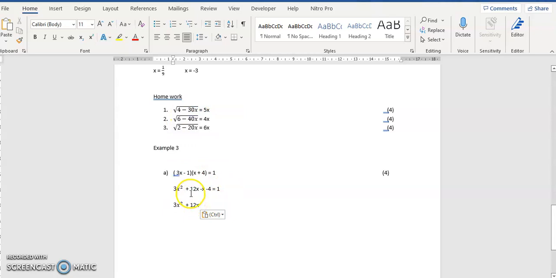So 12 minus 1 is going to give us 13x. Then I have my minus 4, then if I transpose this 1 to this side, it's going to be minus 1, and it's equal to 0.